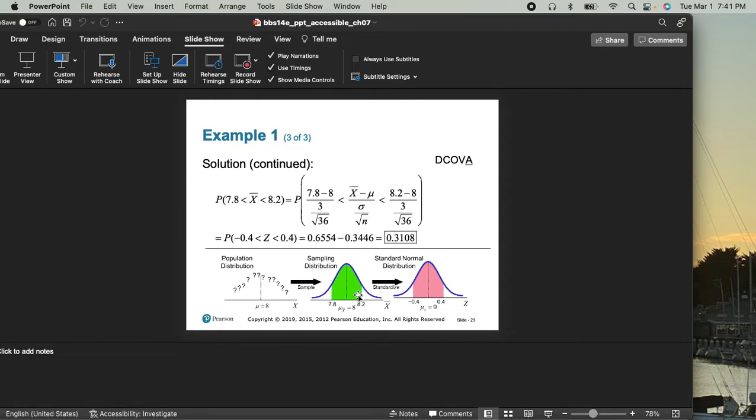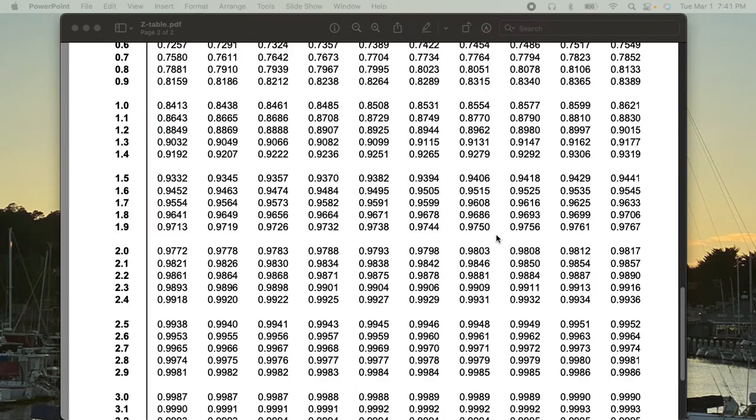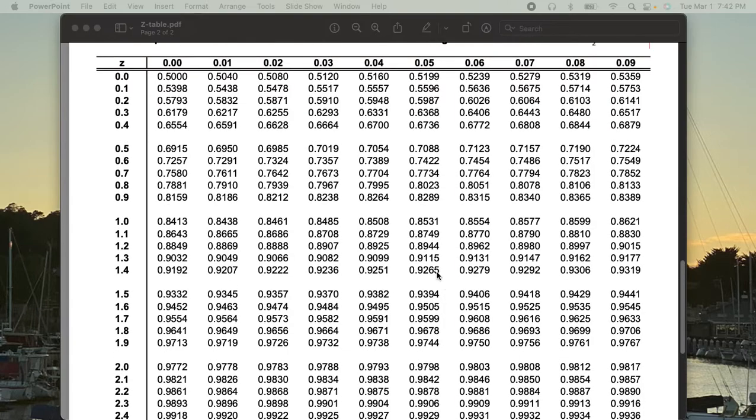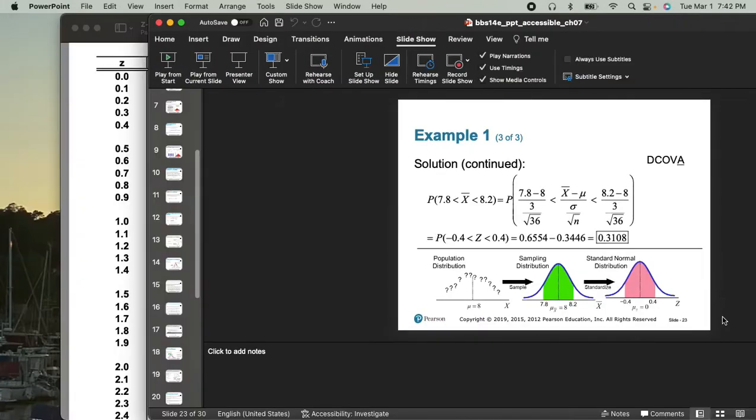So these are the values that we are interested in, to the left of 0.4. Okay, so what we're going to do here is find 0.4, and 0.4 is right over here, 0.6554. Okay, so 0.6554 is this value here. But that includes all of the values, including this little tail here that we're not interested in.